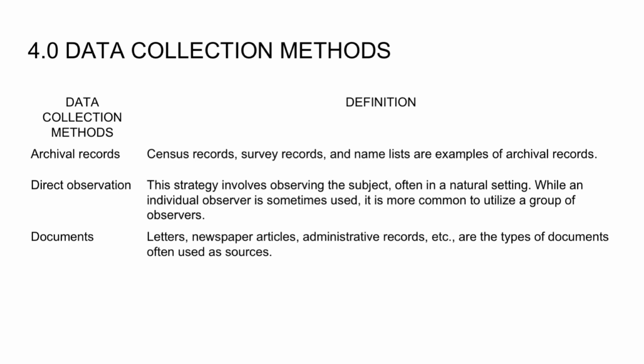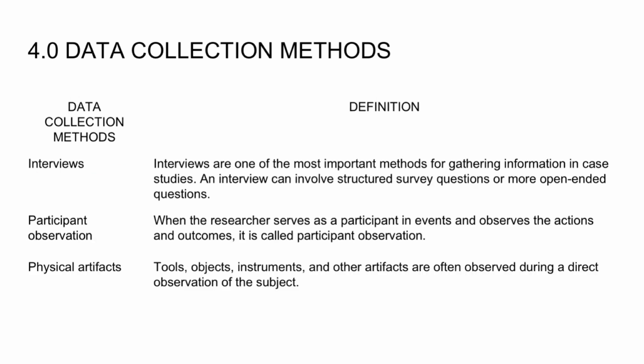Let's go for point 4, data collection methods. I have 6 points for this. Number one, a careful record; number two, direct observation; number three, documents; and number four, interviews.